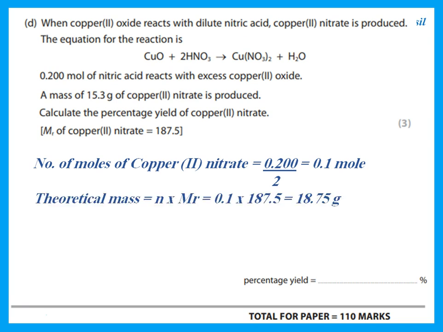The mass of the copper nitrate will be number of moles times MR. He already gives me the MR. So theoretically, he should get 18.75 grams. But what did he get? He got 15.3. So the percent yield is the 15.3 over what he should get times 100. That gives me my percentage.